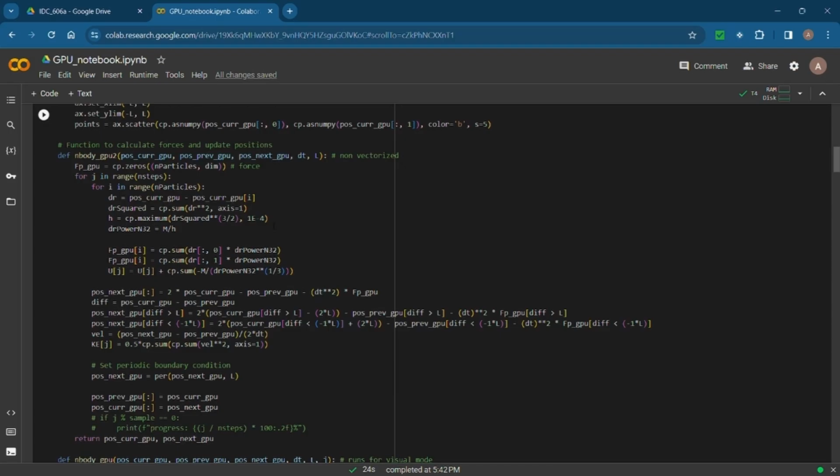As you can see, first we are initializing all the forces as 0. This forces is an array of dimensions n particles times dimension. So suppose dimension is 2, and suppose particles are 100, so it's like a 100 cross 2 array.